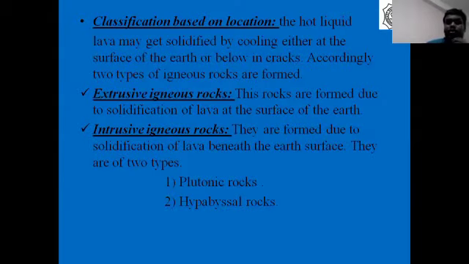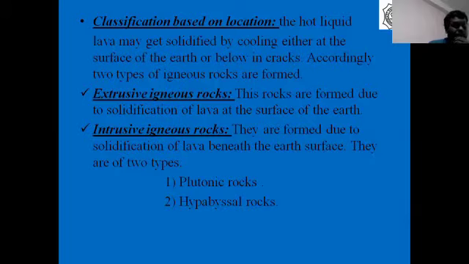Plutonic intrusive rocks are formed due to the solidification of magma at a greater depth below the surface of the earth.